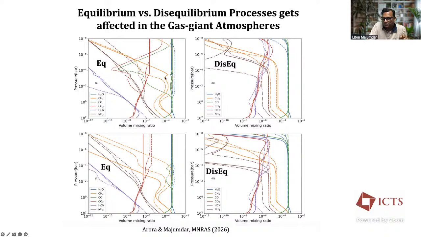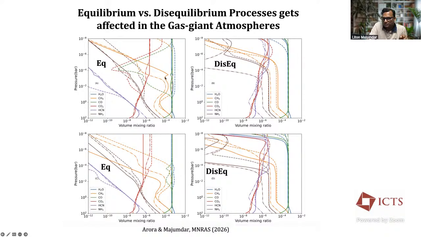And HC3N has long been assumed to be one of the key precursors for the formation of large prebiotic molecules. We can see that HC3N is showing peak abundances of the order of roughly 10 to the power minus 4 to 10 to the power minus 3 in the top layer, from 10 to the minus 4 to 10 to the minus 6 bar. That's essentially the layer we are potentially probing.